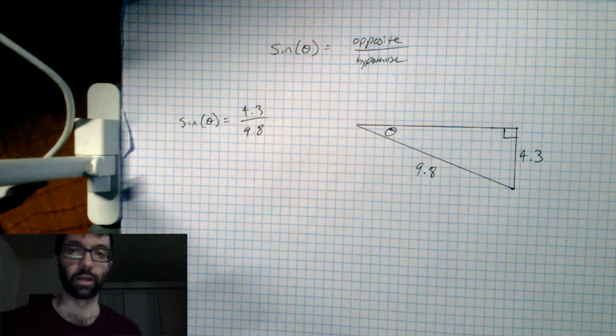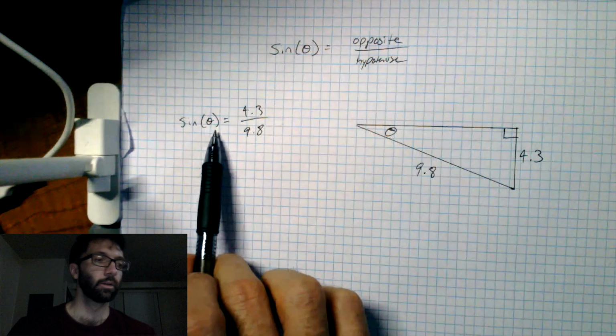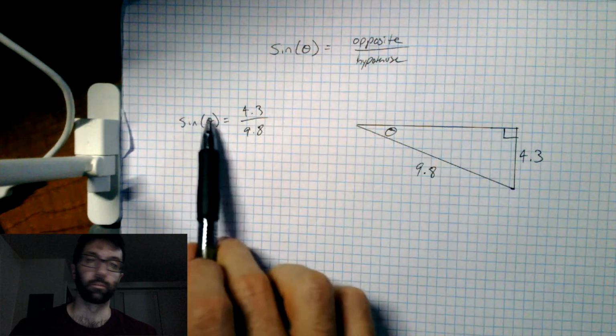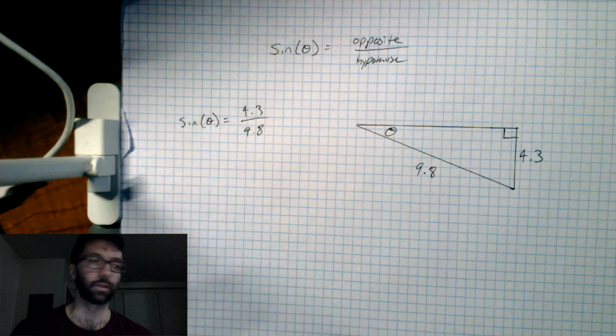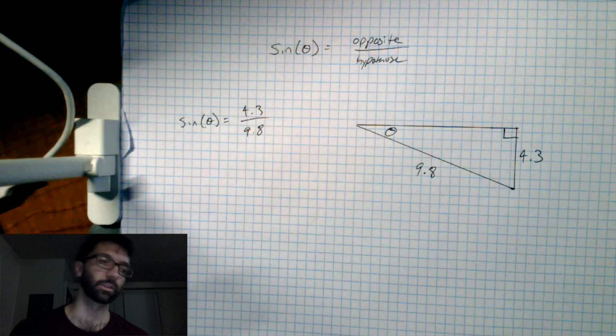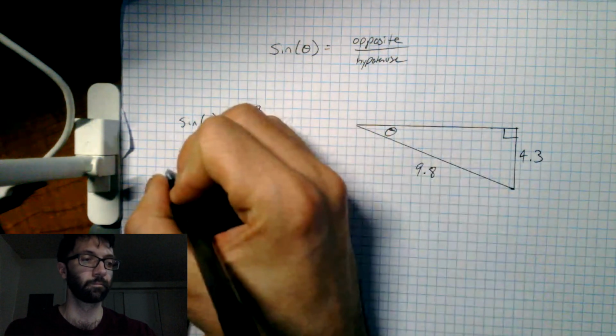And again, I'm trying to solve for theta here, so I need to get it out from this sine that's surrounding it. So in order to do that, I'm going to take the inverse sine of both sides.